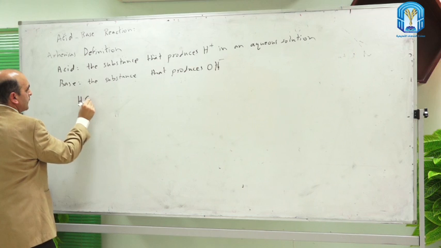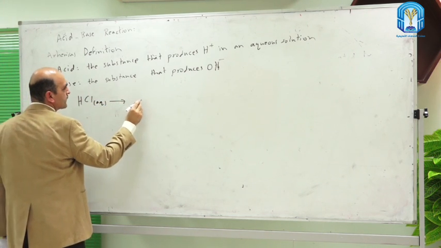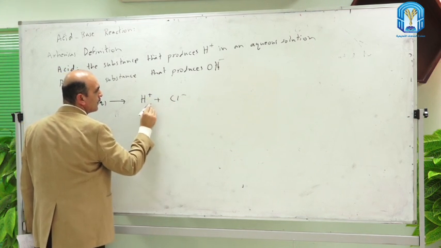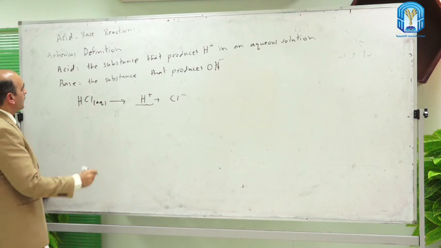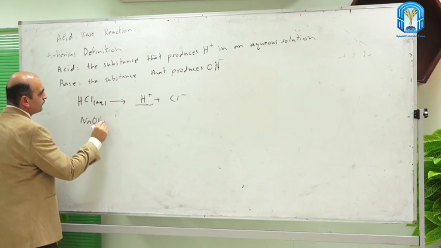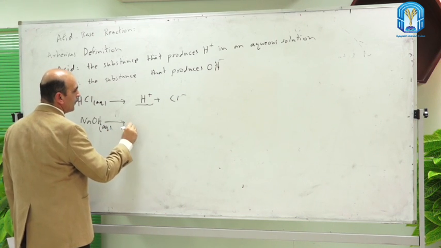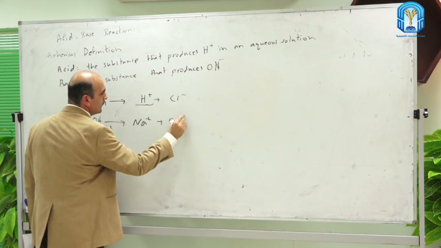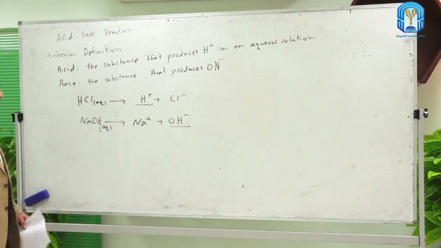For example, HCl in aqueous solution gives H plus and Cl minus. Since it gives H plus, that means HCl is an acid. NaOH yields in an aqueous solution Na plus and OH minus. That means it produces OH minus, so NaOH, sodium hydroxide, is a base.